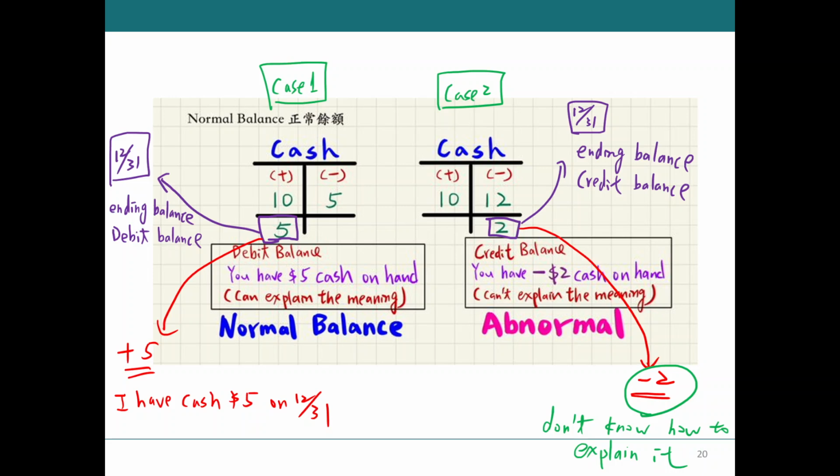So we call it normal balance, 正常余额. Okay, normal balance, 正常余额. So it means the final amount appears on the correct duration.